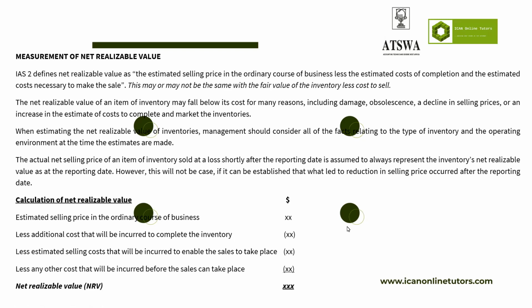These two, we can also see as cost to sell, and other cost that will be incurred for the purpose of sales. This minus this minus this gives you what? Your net realizable value. In simple terms, for example, your net realizable value would be the fair value given in the question minus cost to sell.